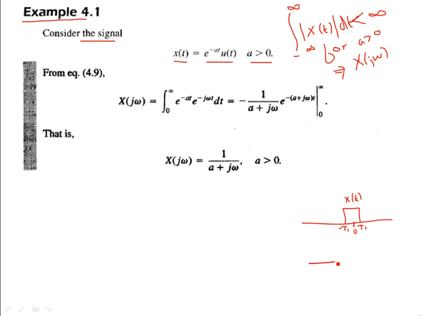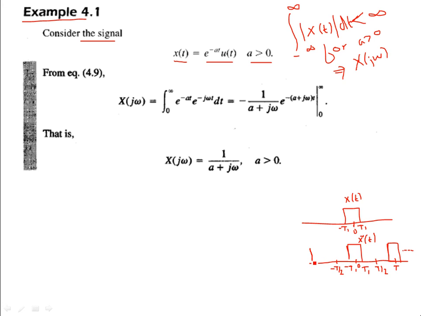Then if we want to create a periodic version of x(t), call it x tilde of t, which is also existing from minus T1 to plus T1, and the center is the origin, and let's say it has a period of capital T, so this is minus T/2 to plus T/2, and then the same thing is going to repeat itself at plus minus T, plus minus 2T, and this trend continues on either side.